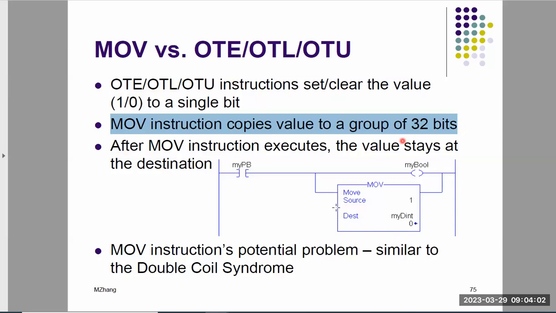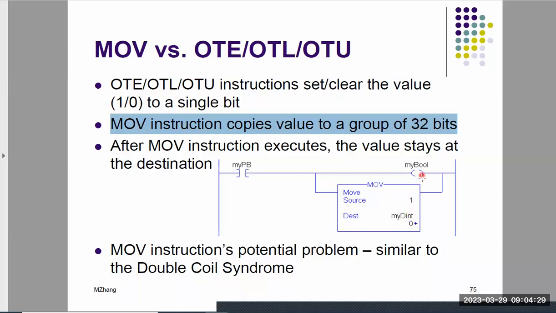And also from this example over here, right? You can see, probably it doesn't make a whole lot of sense, but somewhere you can program your logic like this, right? You have exam on as condition, so you can energize a Boolean, and at the same time change the value of the double integer to 1, right?